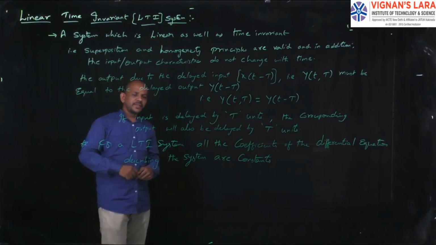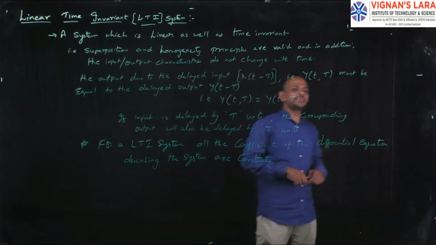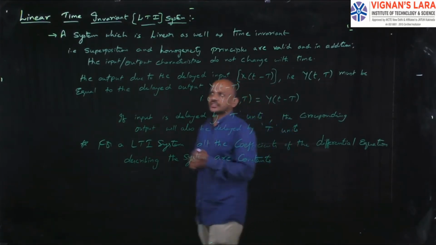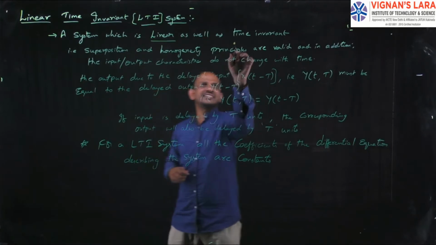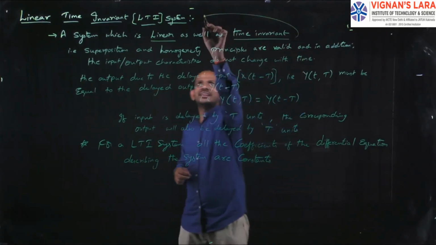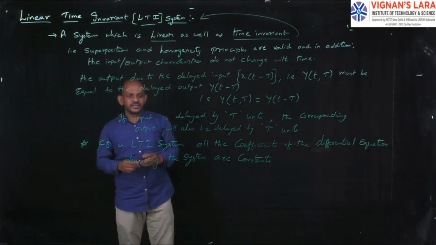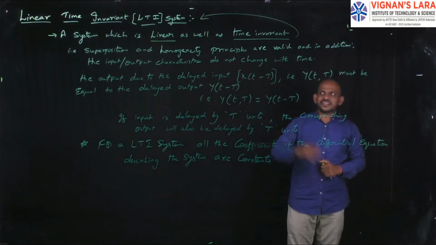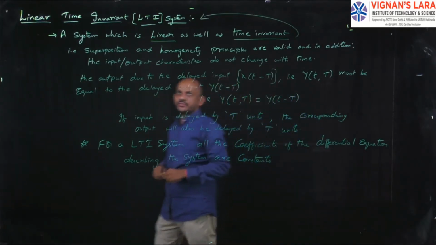A system which is both linear and time invariant is called a linear time invariant system. Simple. A system which is linear as well as time invariant is called a linear time invariant system.